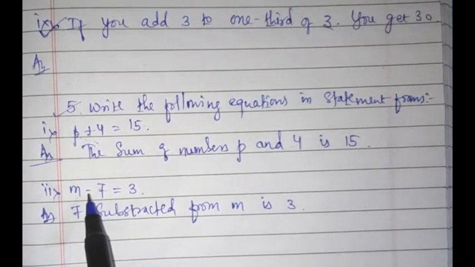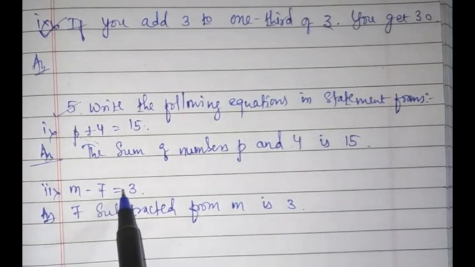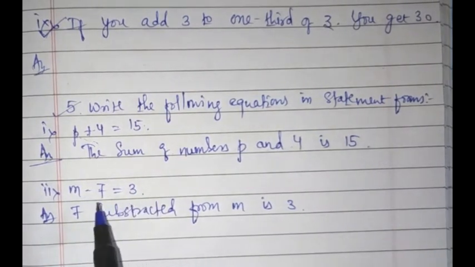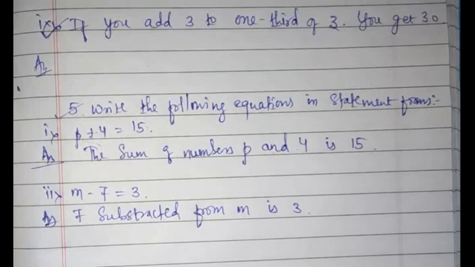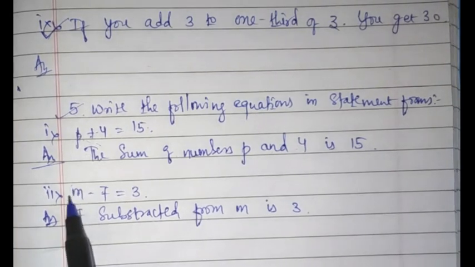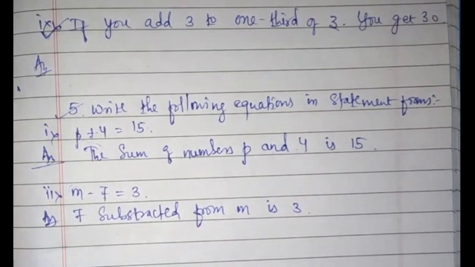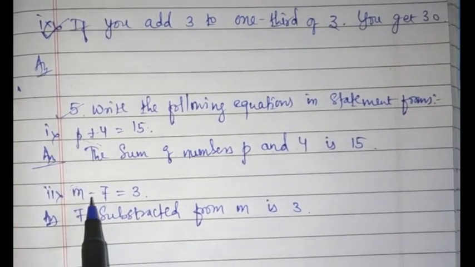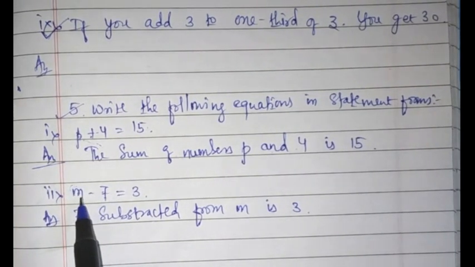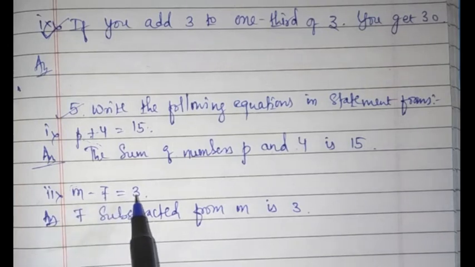They write that, or they also write m subtracted from 7. It is not like that, because from m the 7 is getting subtracted, which I have told you in the previous sum also. m is already there. From that number m, 7 is getting subtracted and you are getting 3.